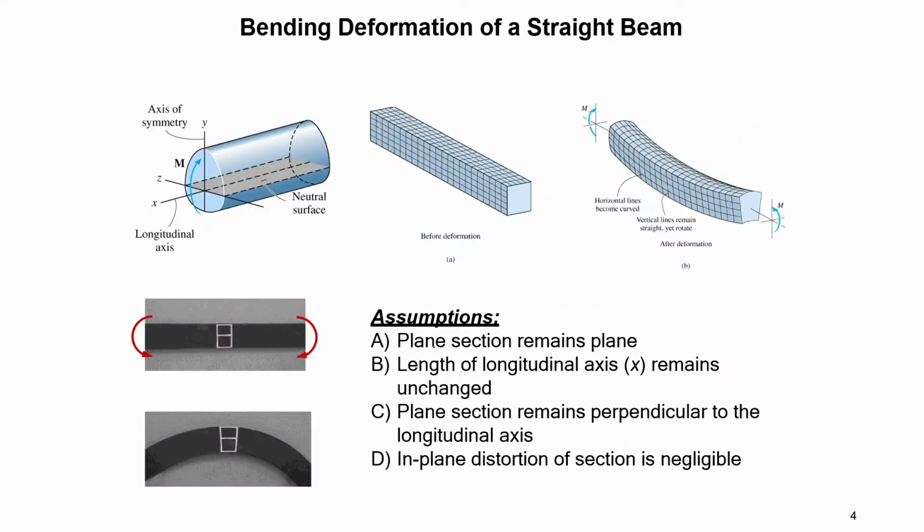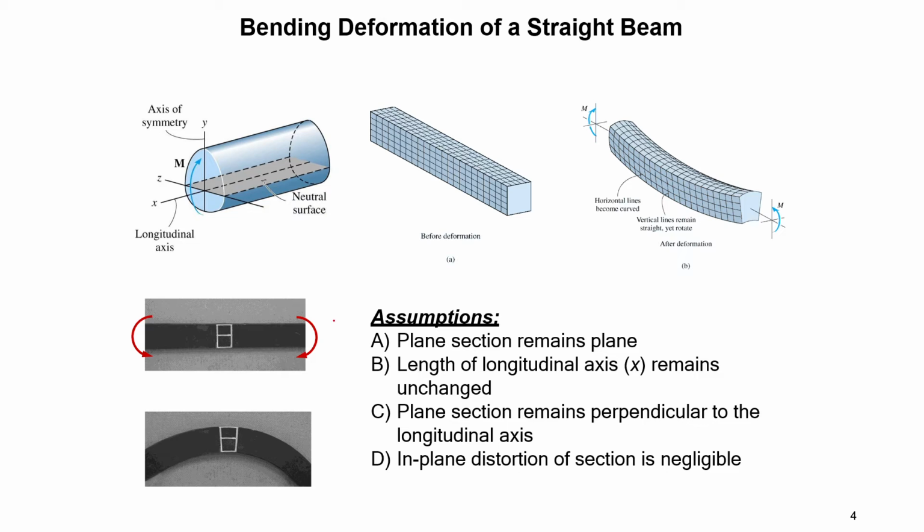So bending moment, if we want to understand it more, we should look at a picture like this. All the beams we investigate should have a so-called neutral surface, or you can call it the neutral plane. Normally it happens in the middle of the plane, where you can draw a longitudinal axis across it.